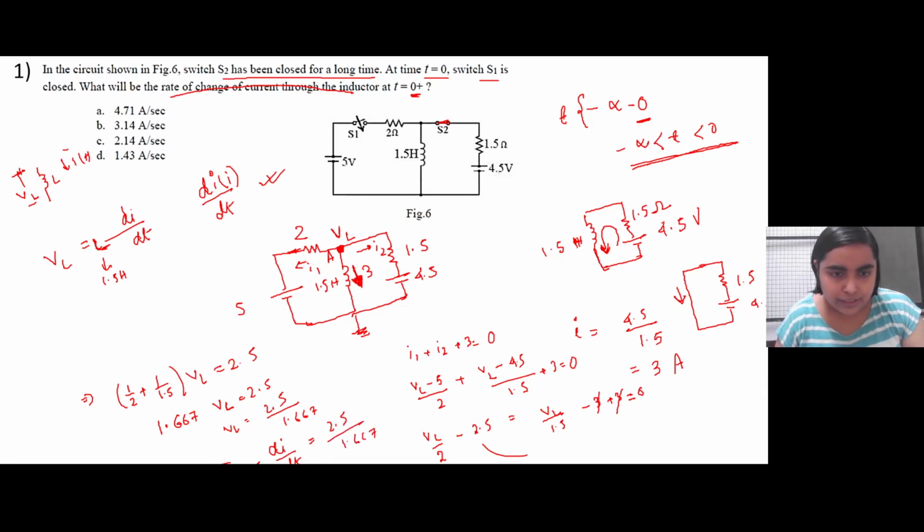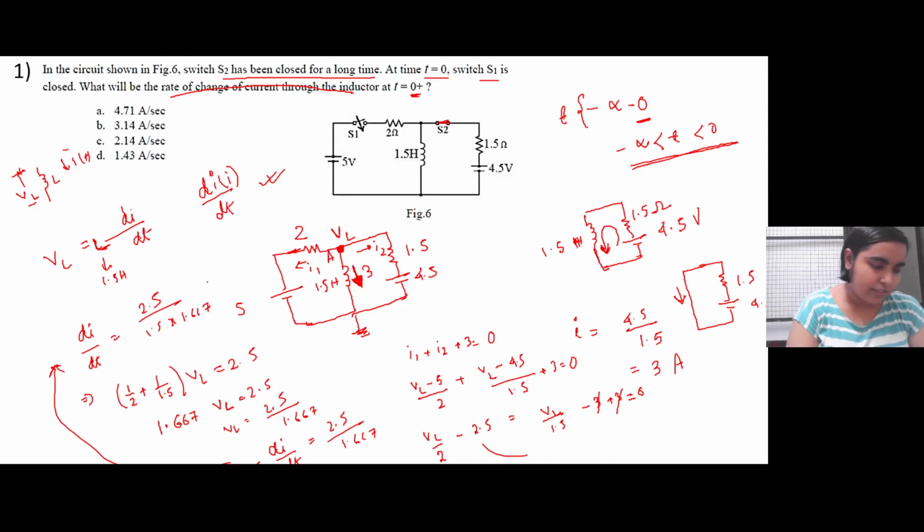So if we just write it, di by dt is equal to 2.5 by 1.5 into 1.667. So let us just calculate that.